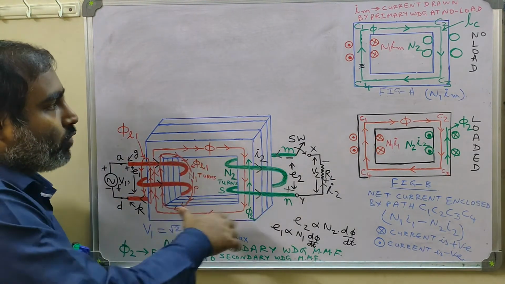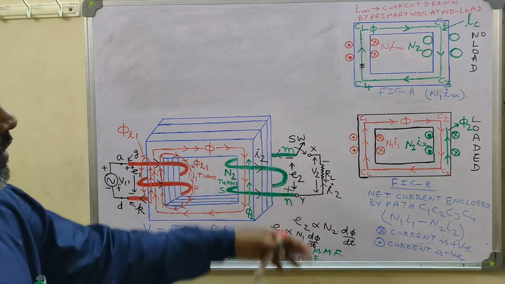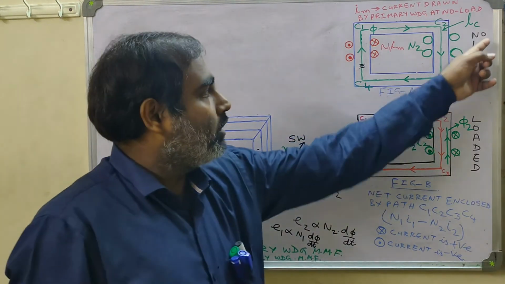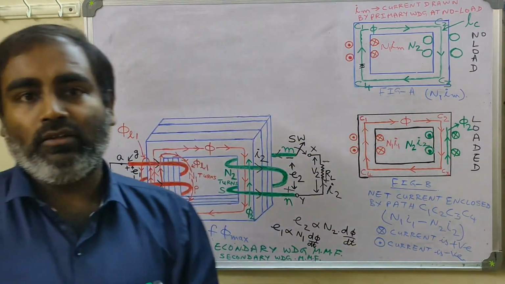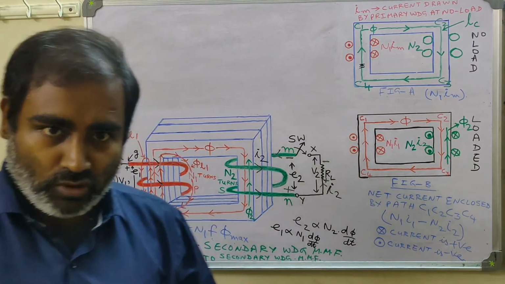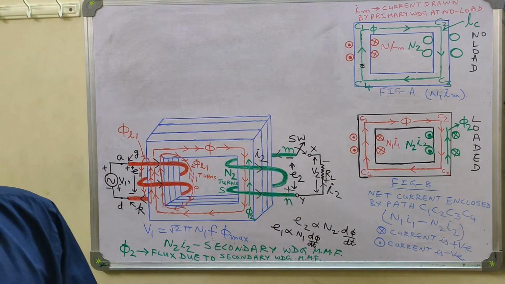Now please remember that we are doing it for no load condition. That means our phasor diagram, which will be drawn right now, will be for an ideal transformer, and that too at no load condition.